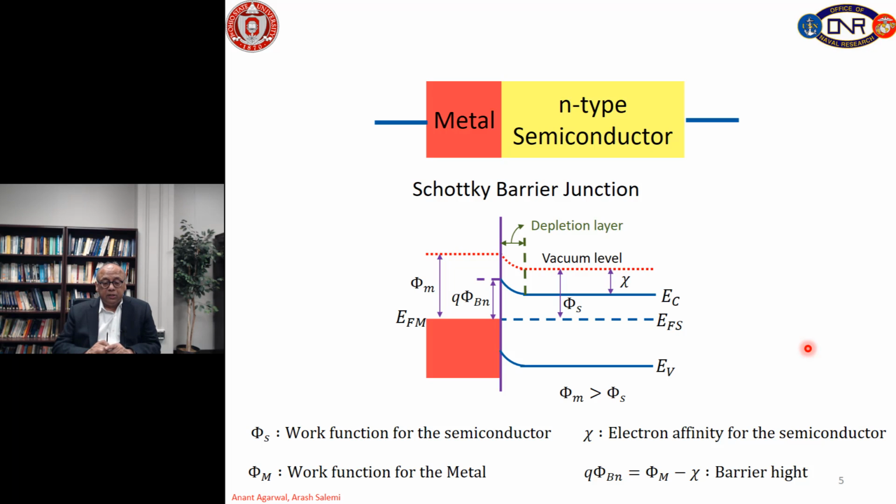So, here is schematically the diode construction. We are showing a metal contacting, in this case, an N-type semiconductor. It could also be a p-type semiconductor. We just happen to consider n-type semiconductors here because these are very common in power devices.